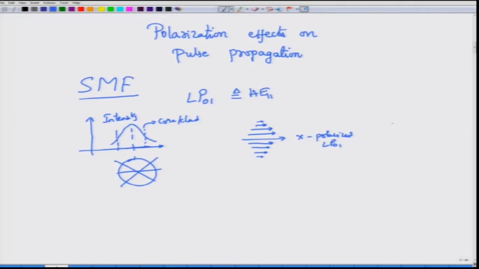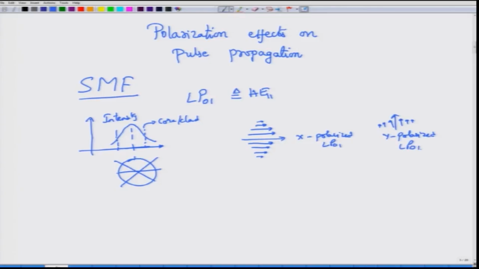And then you can of course have a polarization that is vertical, along the y direction. This would be called the Y polarized LP01 mode.